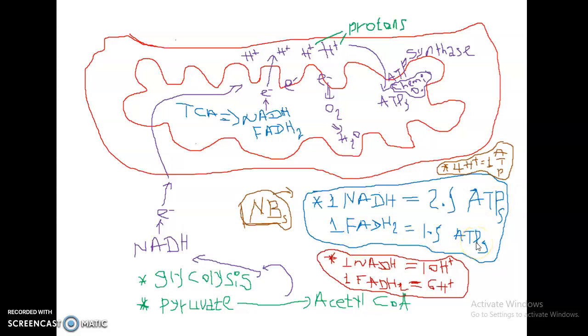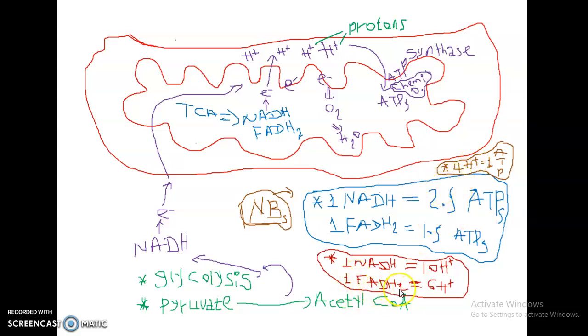This is because when one NADH is there, it can pump 10 hydrogen ions. Okay, 10 hydrogen ions can be pumped into the intermembrane space by one NADH. Then 4 hydrogen ions can make one ATP molecule. So from 10 hydrogen ions, that is from one NADH molecule, there will be 2.5 ATP.